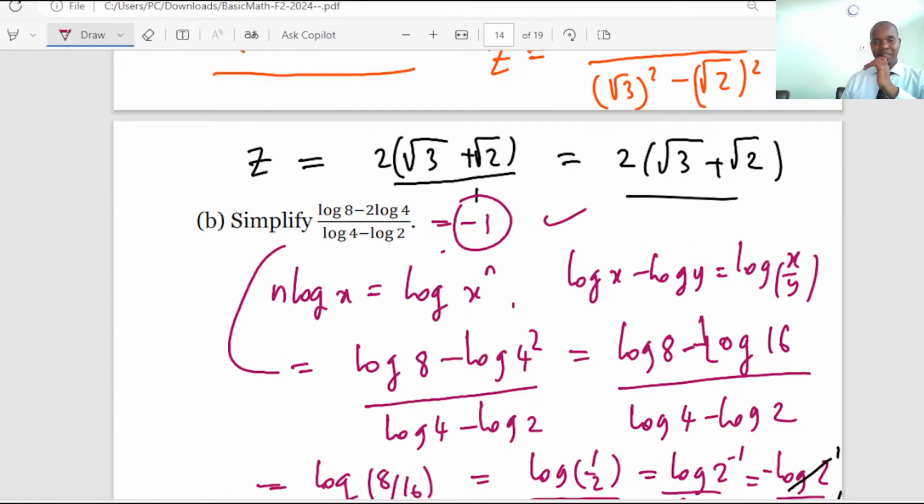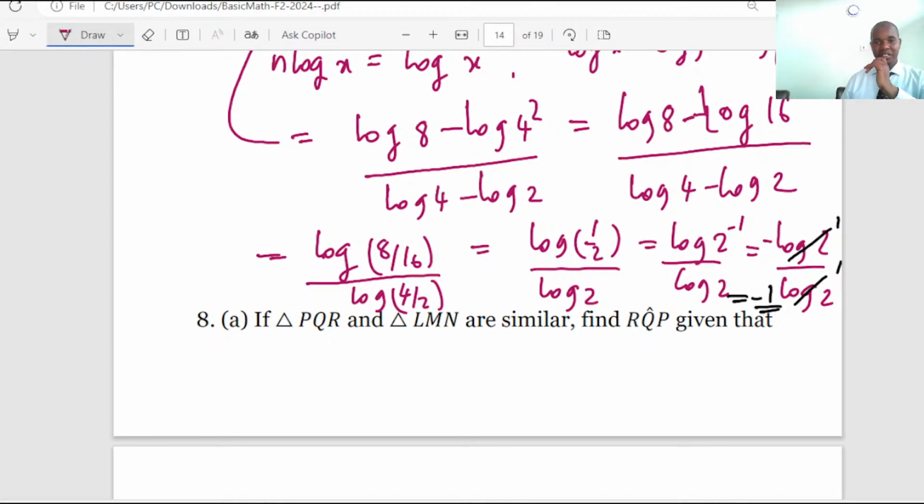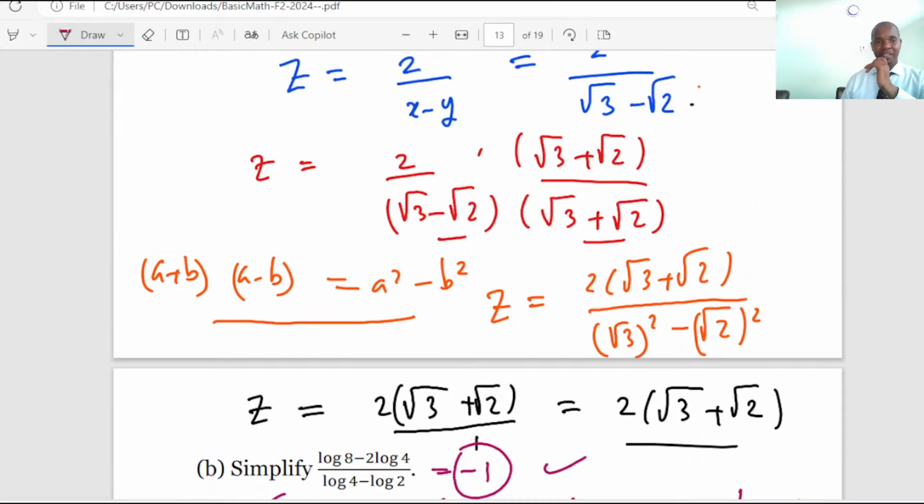And that is the last equation for today's session. The question was meant to have 5 marks. And so we managed to solve question 1 up to question number 7. In the coming session, you are going to see the solution of the last 3 questions: question number 8, question number 9, and question number 10.